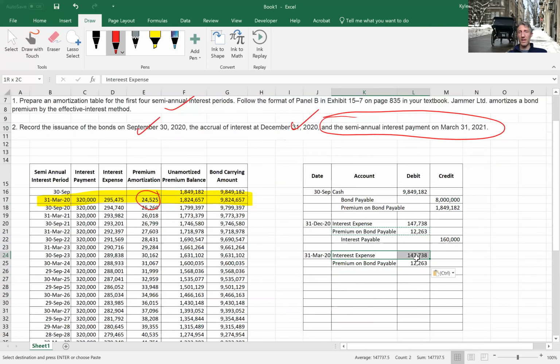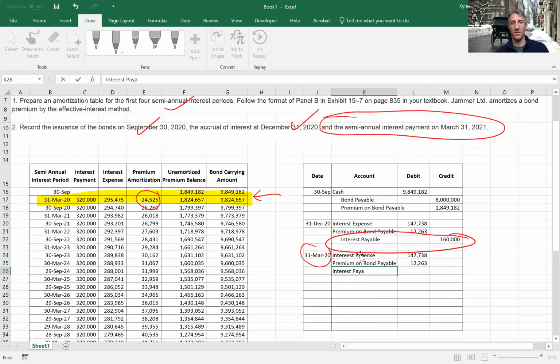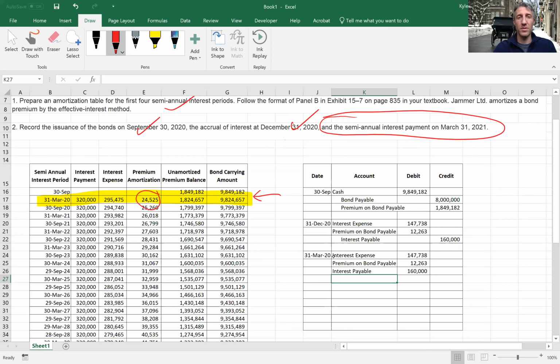And when they recognized it in December, they set up this payable for it. Now that it's March and we're actually paying it, we need to lower this payable down to 0. Why? Because on March 31st, we're actually making this interest payment. We need to lower that to 0 by debiting it. Now, what's going on here? I have 3 debits and no credits. What am I going to need to do in order to complete this journal entry?